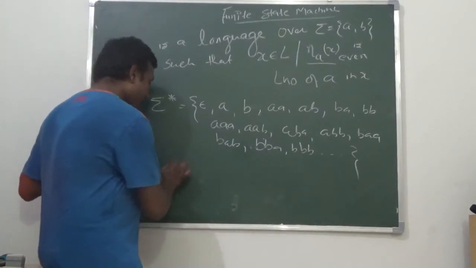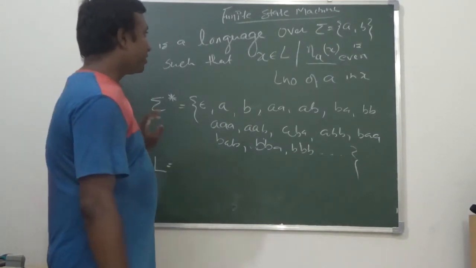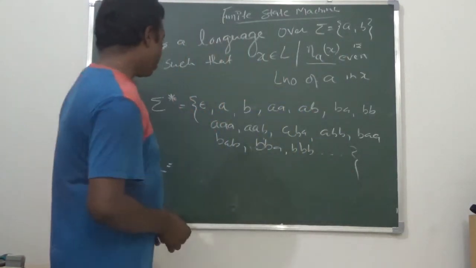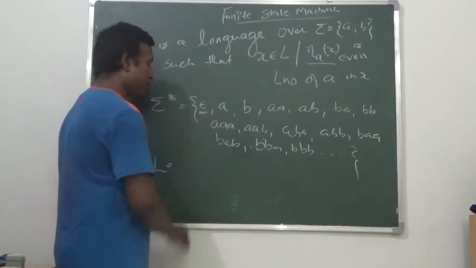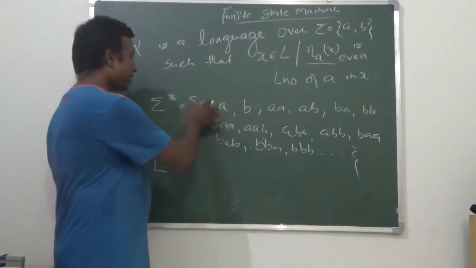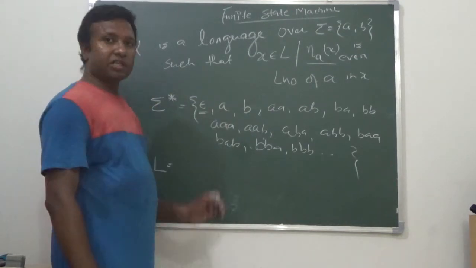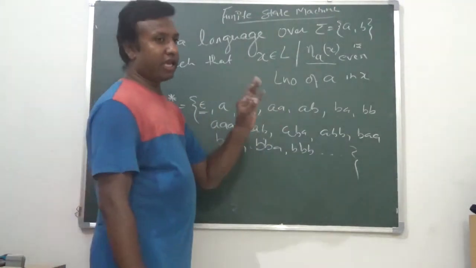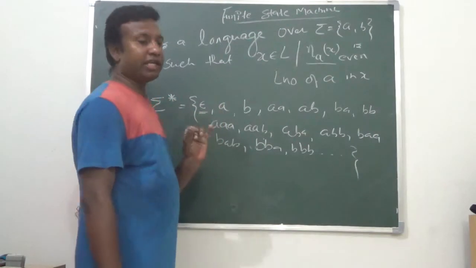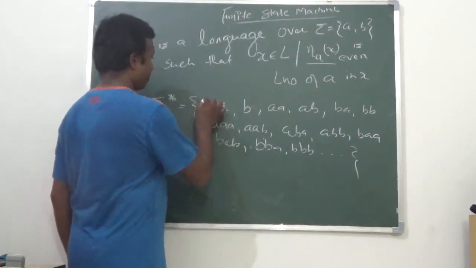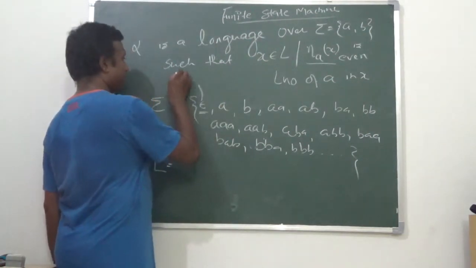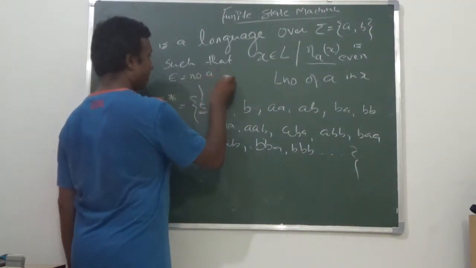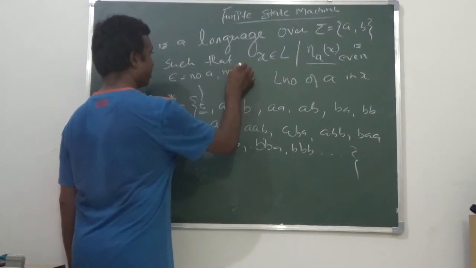Now what is L? The language. Here it is said that the number of A in X should be even. So for this one, as the length is 0, it does not contain any A, and it also does not contain any B. So this epsilon has no A, no B, right?